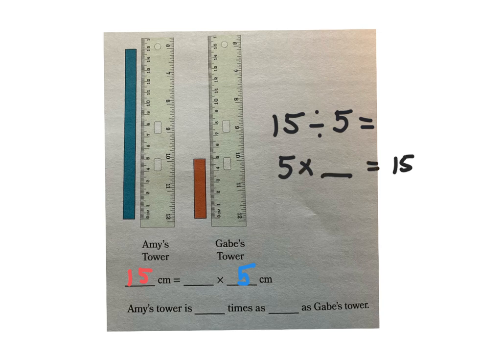If we know our facts, it's 3. So Amy's tower is 3 times as, would you say, longer, taller? You could say Amy's tower is 3 times as tall as Gabe's tower. So that's how you would create this comparison using words like shorter, taller, wider.